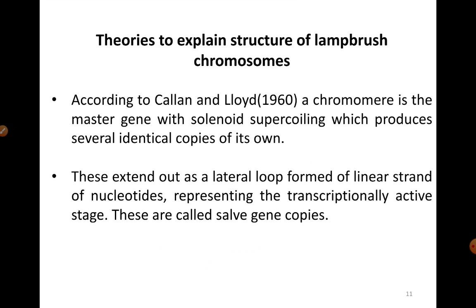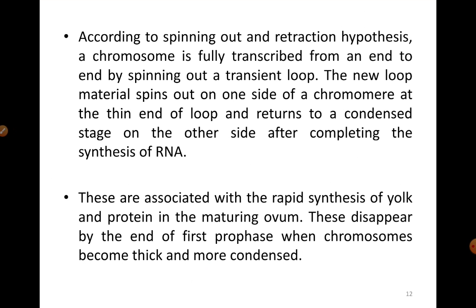These extend out as a lateral loop formed of a linear strand of nucleotides representing the transcriptionally active stage, and these were called slave gene copies because they make copies of their own.